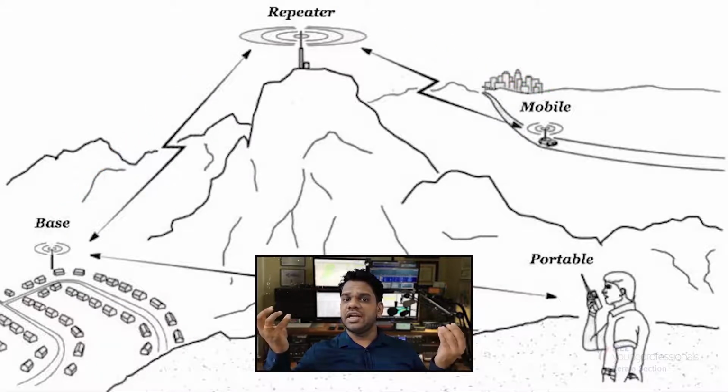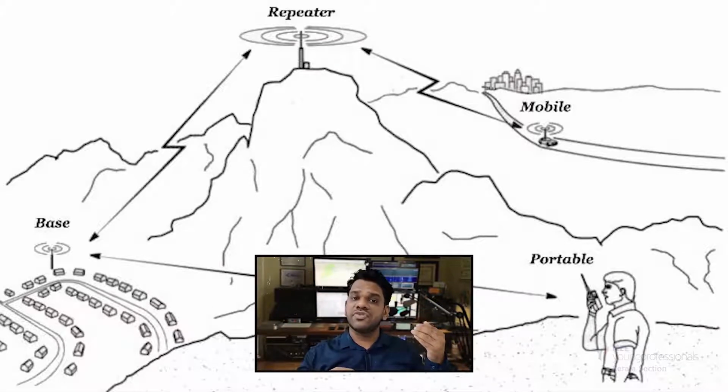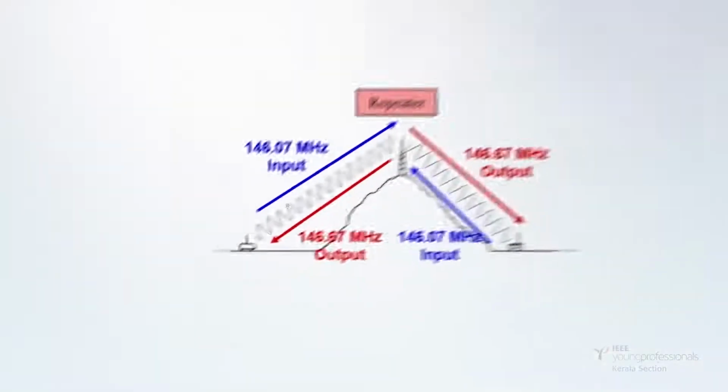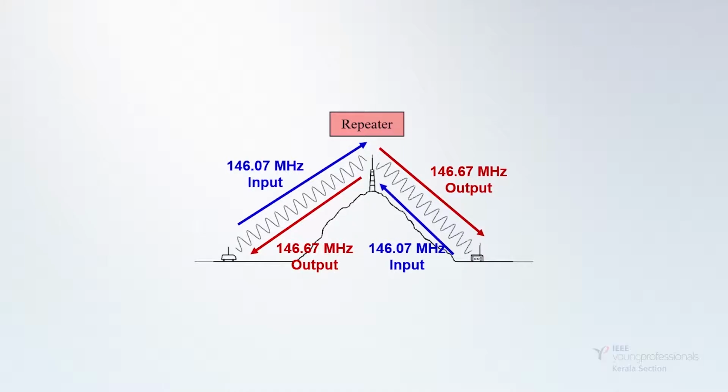Hence, while transmitting, we need to do it on a particular frequency, and while receiving, it should be done on a different frequency. So let us see how it works. Since both transceiver base units are capable of transmitting and receiving, the transmission is color coded as blue and the reception is color coded as red.